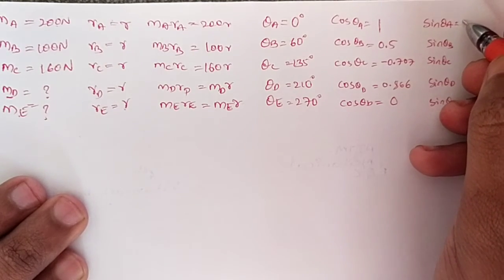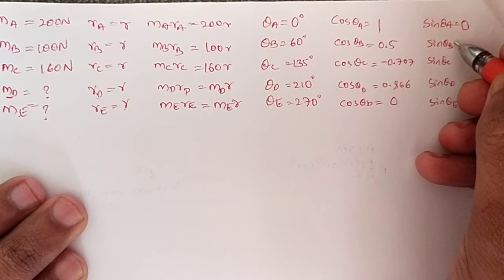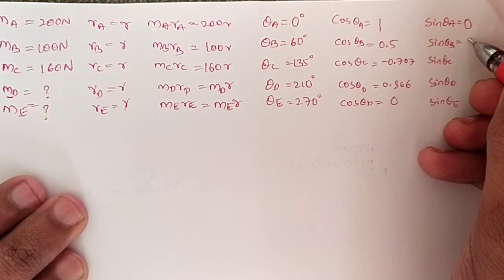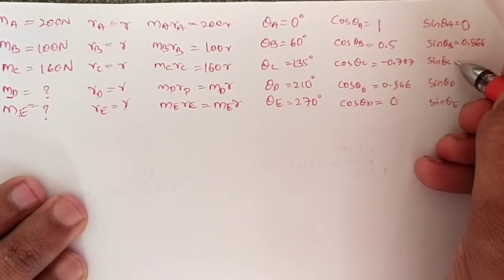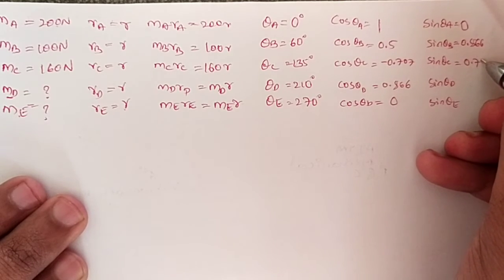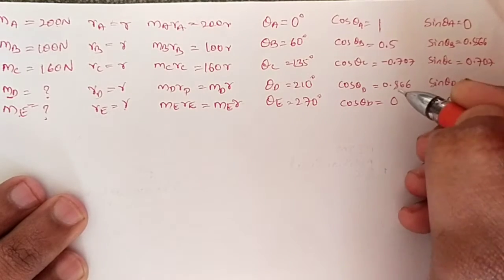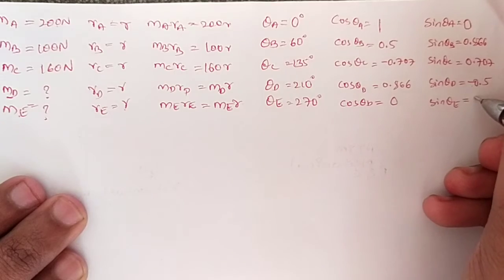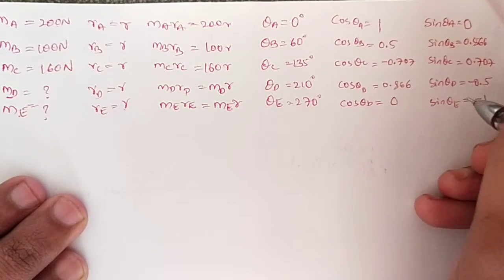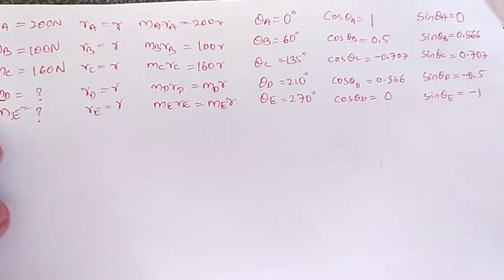Sine of 0 is 0, then sine of 60 degree, and sine of 210 degrees is minus 0.5. Sine of 270 you should also consider as minus 1. So all these values we have noted down.